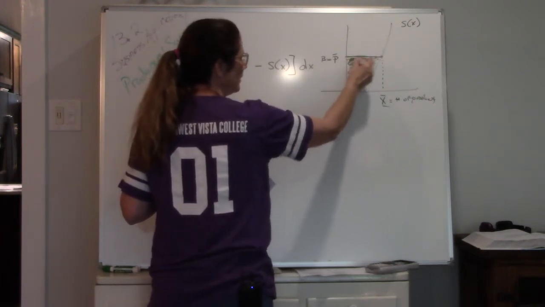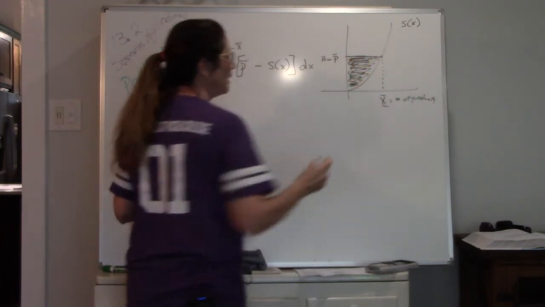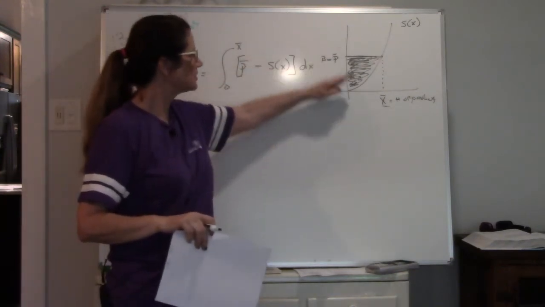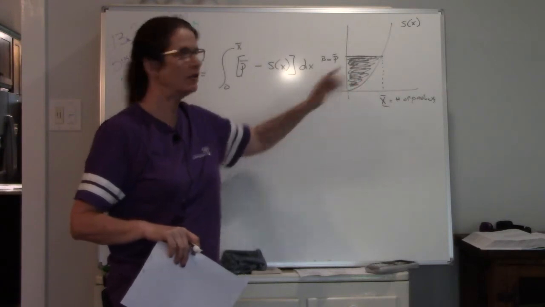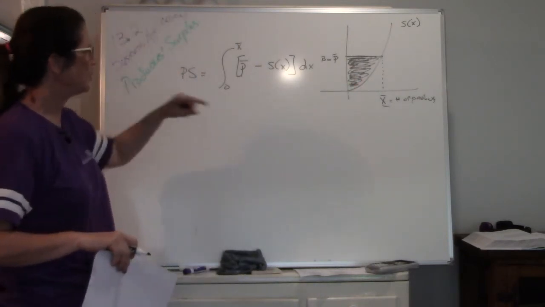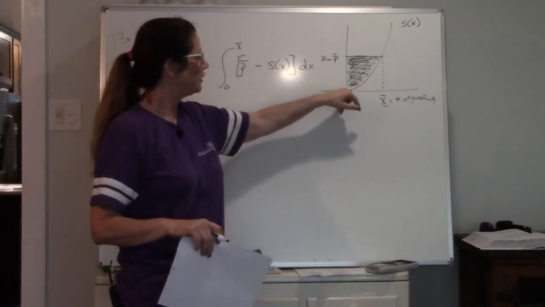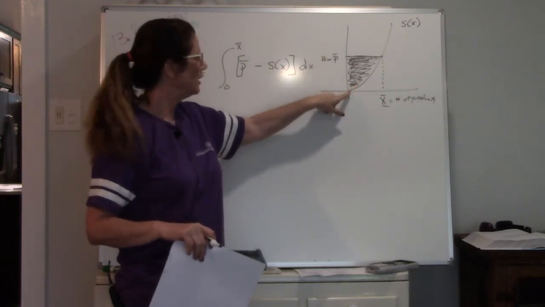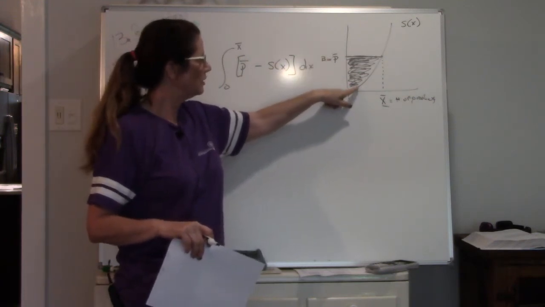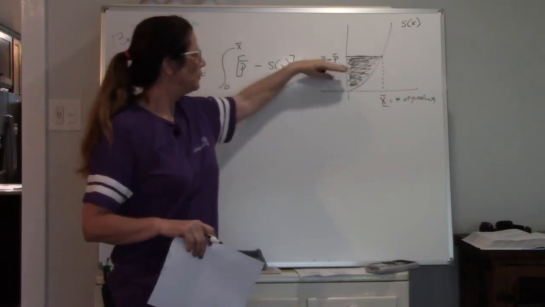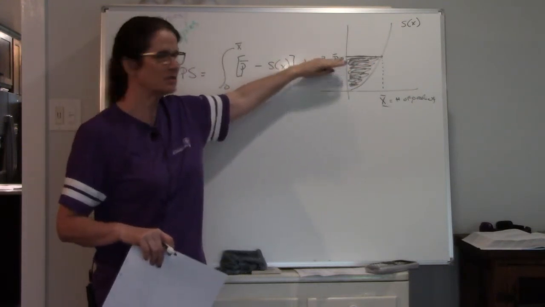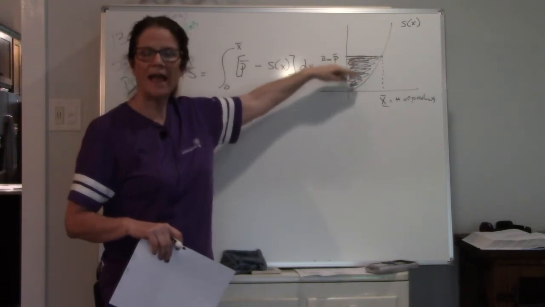What we're doing is finding the area between the market price and the supply equation, or the supply price. The idea behind this is a producer or a company is willing to sell their product at a lower price, but because they can get the market price, they're actually in a happy value, right?